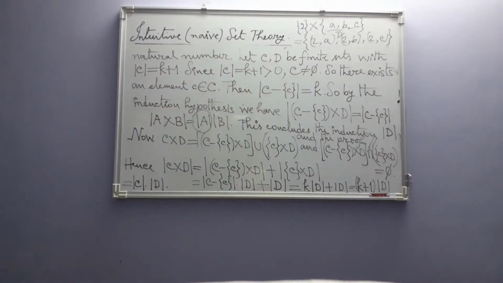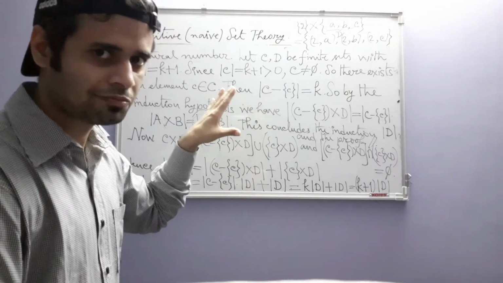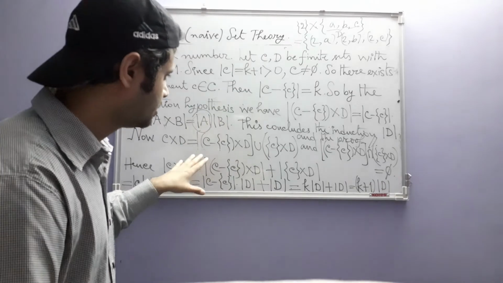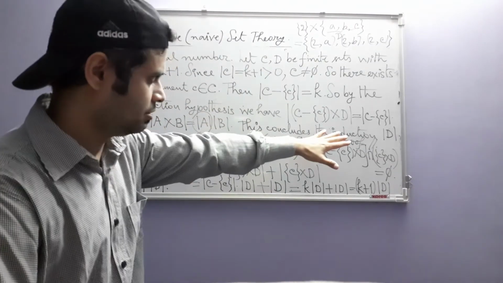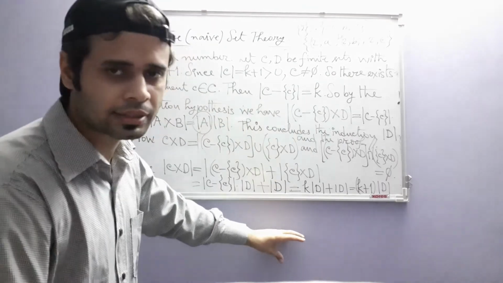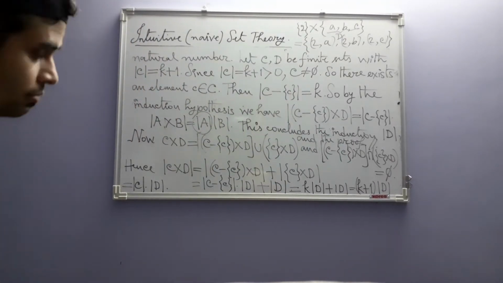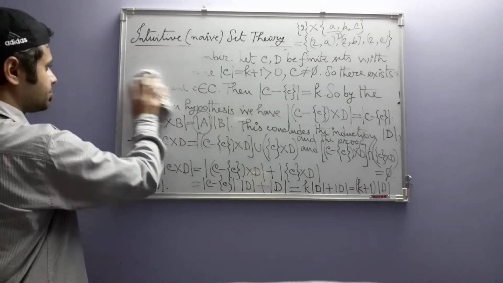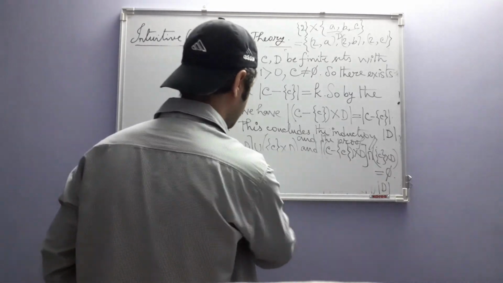Okay, it is looking very messy and clumsy, but if you have been following me carefully, then you have to write this at the end of the proof. So we have proved the first one.